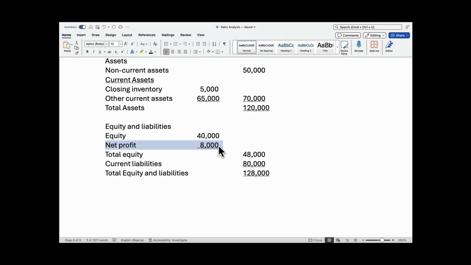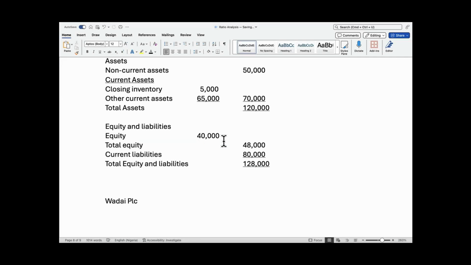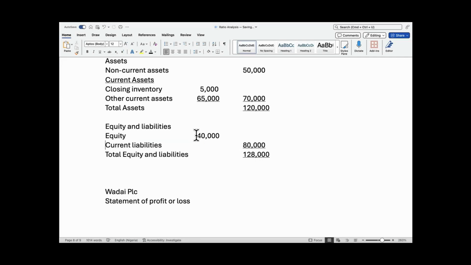That assumption is not so correct, since you are just doing it for the year, and what they are giving us is like a trial balance. But it's okay. Let's just remove this net profit, assuming that your net profit is already inside your equity, then this one would be balanced.